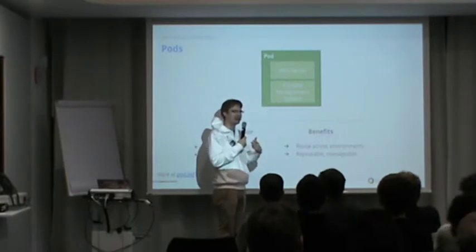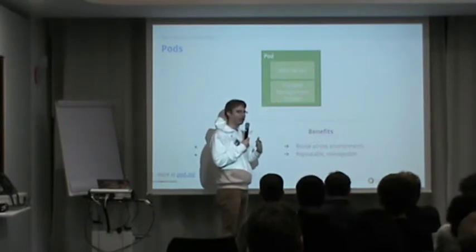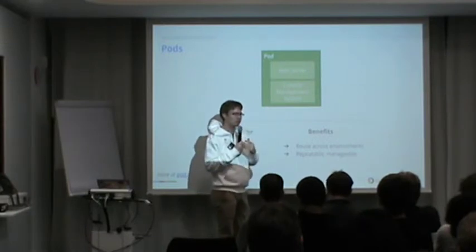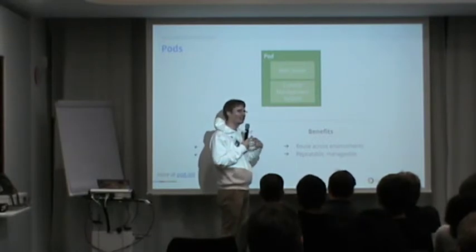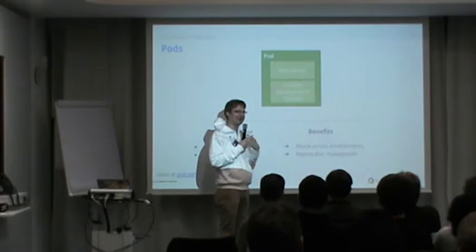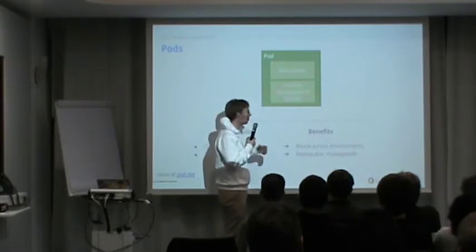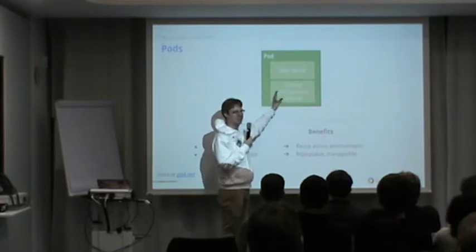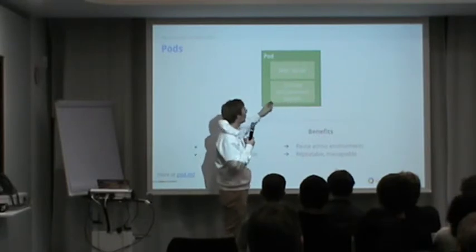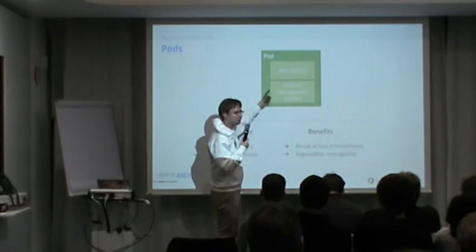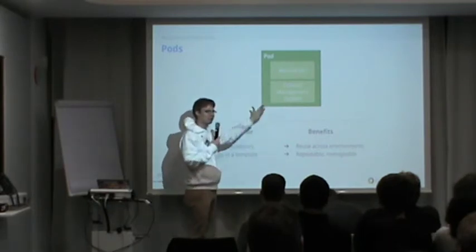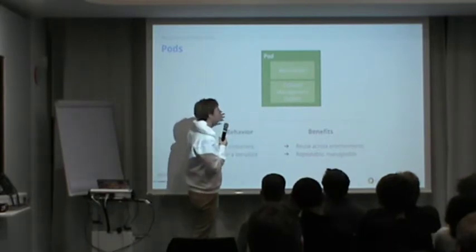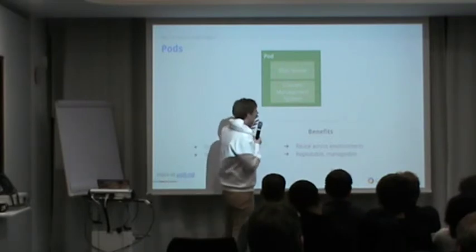They should always live together. So when you schedule things, you don't schedule containers, you schedule pods. And this makes it more possible that you still run microservices, because you still want to be able to pull out the container management system and update it, but you always want to have it physically close to the web server. So you always deploy pods together, but the containers are basically run and updated by themselves.